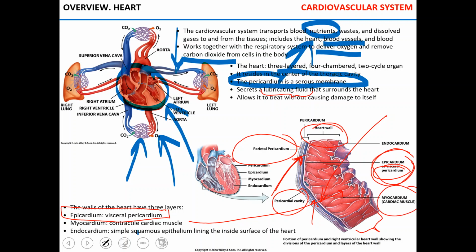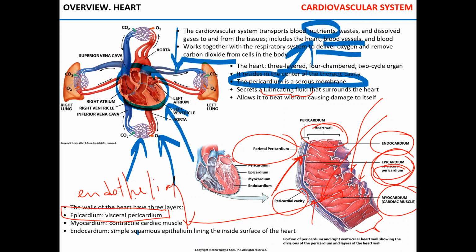And from the very, very inside, the heart is covered by the endocardium. You can see it here, the purple color, that's endocardium, which is basically a simple squamous epithelium. Sometimes these cells are also called endothelial cells that cover the inner surface of the heart.